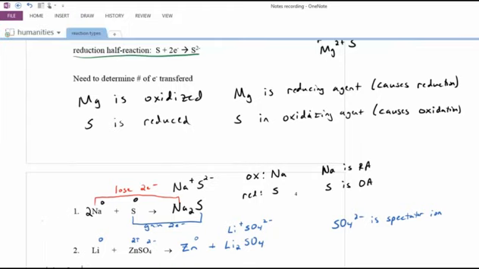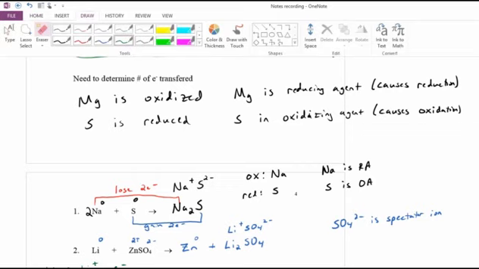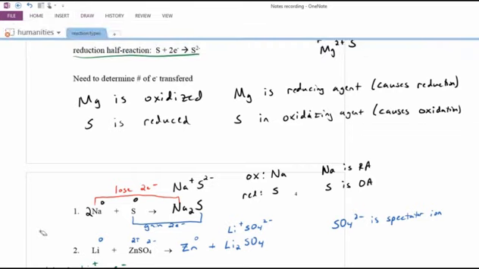Lithium went to lithium +1, so that lost an electron. Which means it's oxidation. So lithium is the reducing agent.